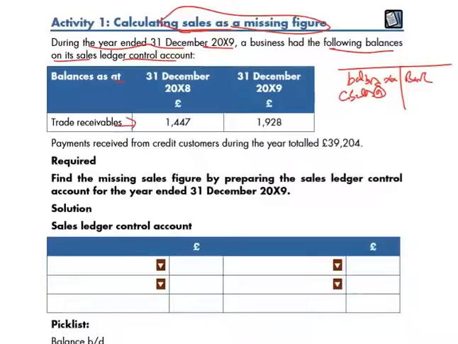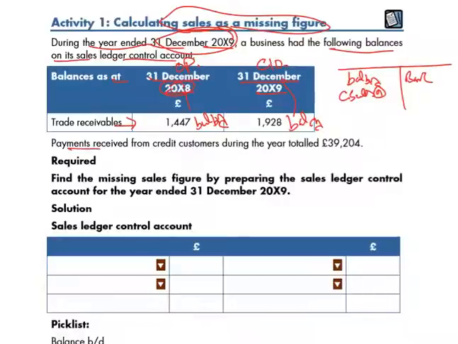Trade receivables 31st December 2018. That means that's opening balance because we are doing 2019. And 31st December 2019, this is my closing balance. So opening balance means balance BD and closing balance means balance CD, doesn't it? Now I got my balance BD, balance CD.